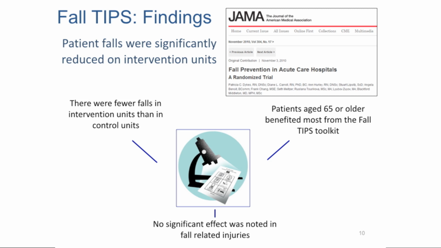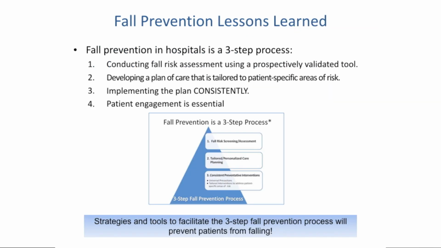But what we said in our JAMA paper was that if you prevent a fall, you potentially prevent an injury. And so we believe that over time, as long as we used fall tips, we would prevent injuries as well. We had several lessons learned in this fall tips study.